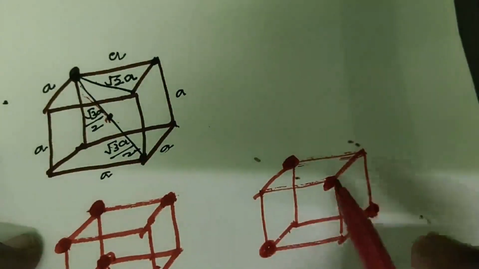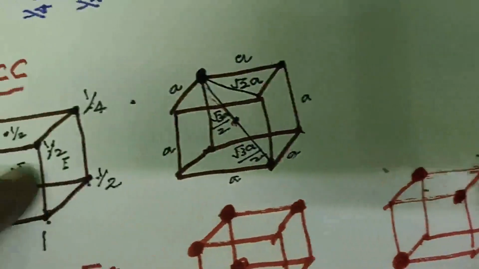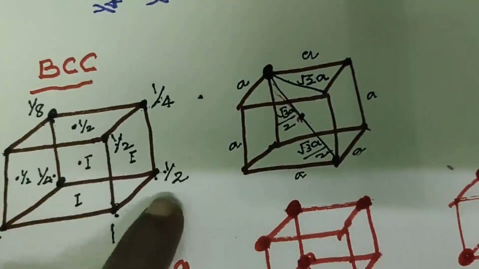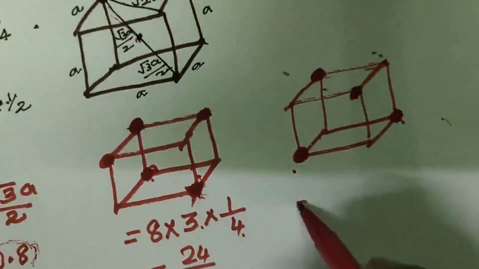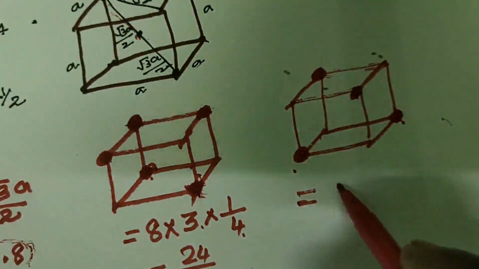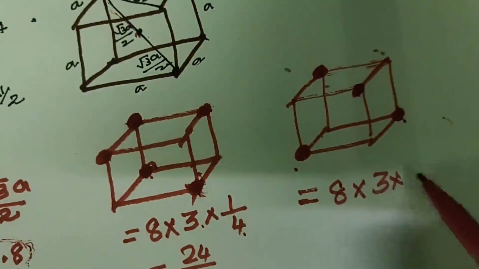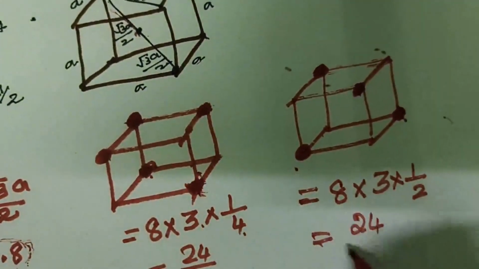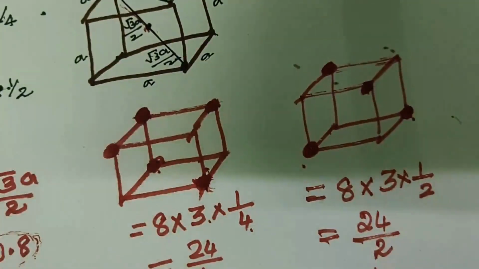So all are how much value? This one, 1 by 2. This also 1 by 2. So calculation: 8 corner atoms are touched with 3, whose contribution is 1 by 2. So that is 24 divided by 2, that is equal to 12. So the coordination number is 12.